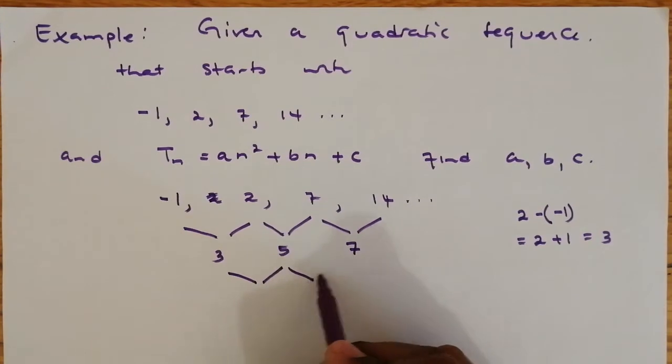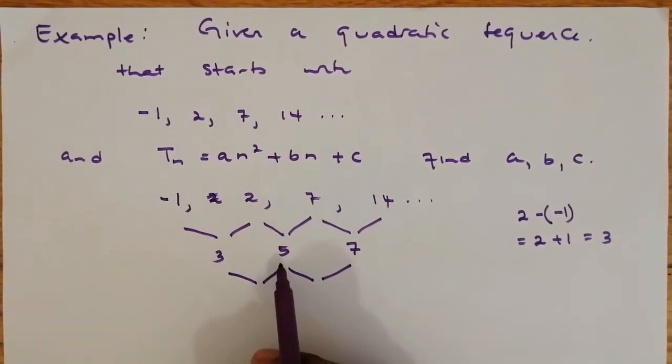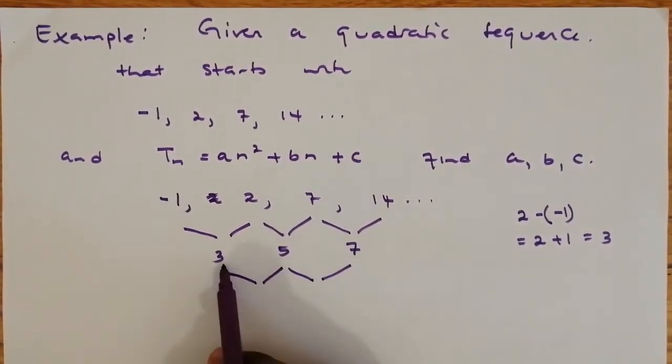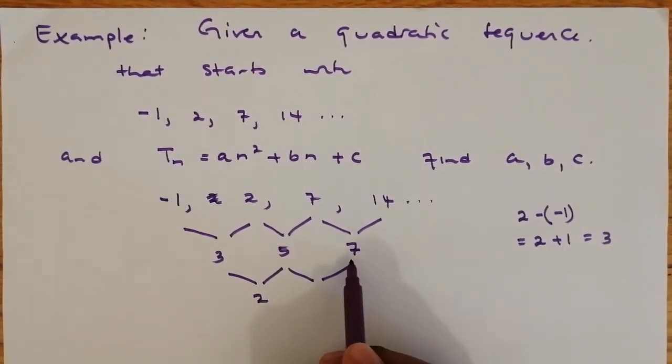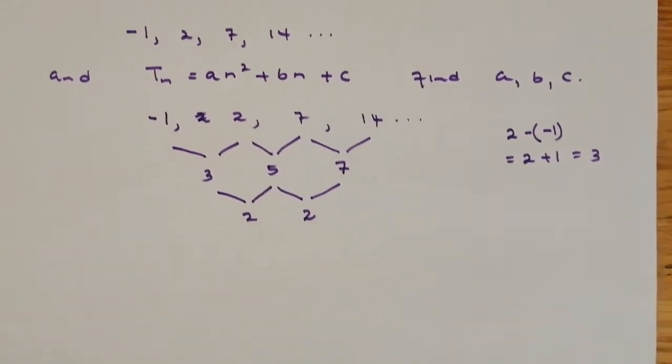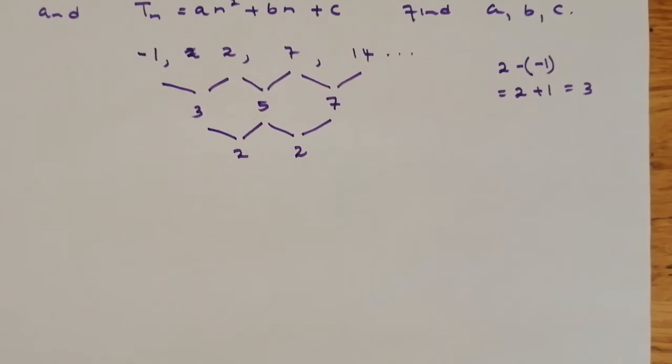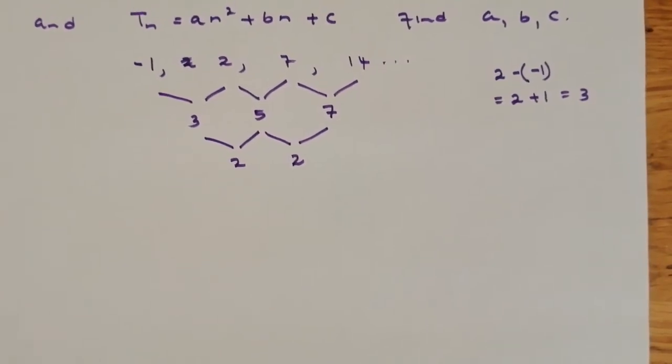So we continue to find the second difference. The second difference is 5 minus 3, that is 2, and then 7 minus 5, that is 2 also. So from the previous video, we were able to prove that quadratic sequences have a constant second difference.